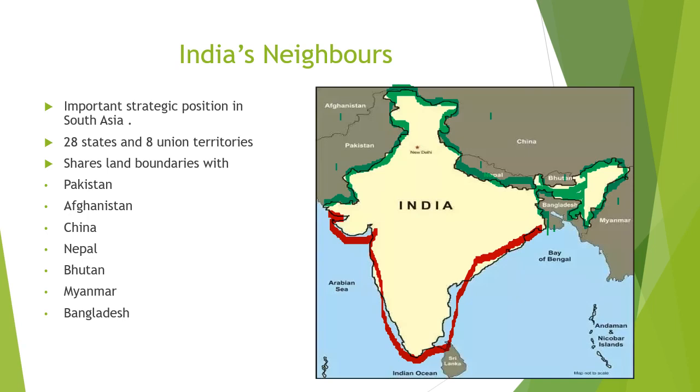See, the sharing of land boundary gives an eminent position to India because all these countries are involved in exchange of trade and business and culture with India. And that is why through these land boundaries, there is an extensive exchange of trade, culture, currency and all in India.